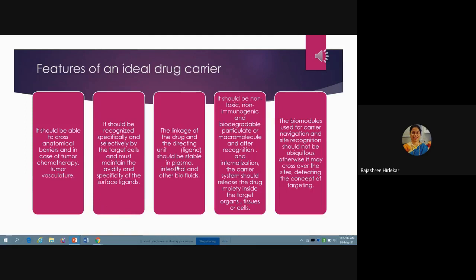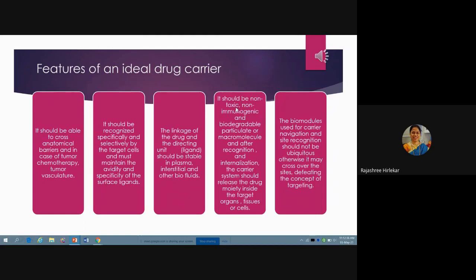For example, if you administer the formulation by the parenteral route, it goes in the blood, so in the plasma it should be stable. From the blood, by extravasation, it comes out of the blood vessels and goes into the interstitial fluid. So in the interstitial components also it should be stable, and if it goes to some other biofluid, for example the cerebrospinal fluid, it should be stable in that biofluid as well.